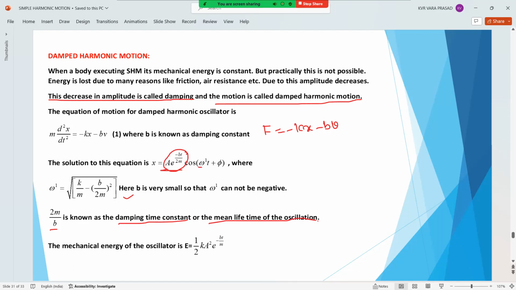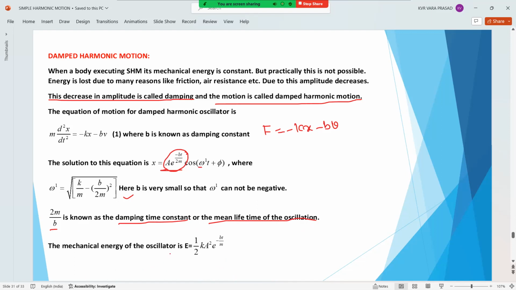Since energy is lost continuously, after some time the body stops oscillating. So how much time does it oscillate? We are taking the average. That is the mean lifetime of oscillation.